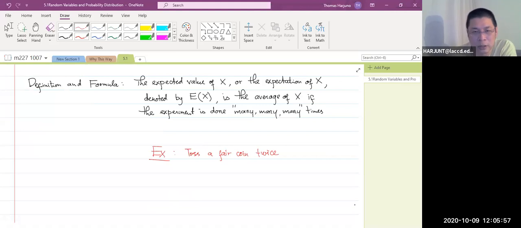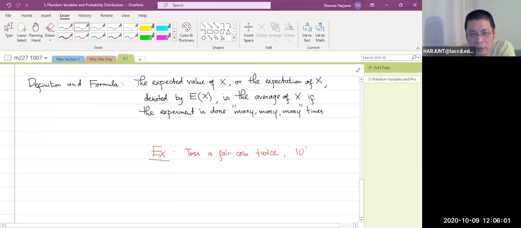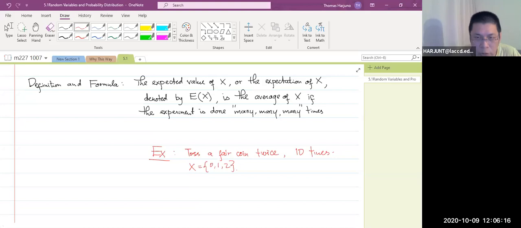Then I do this experiment, let's do it 10 times. So the random variable X is 0, 1, 2, and you toss this fair coin twice, and you do that experiment of tossing it twice, 10 times.